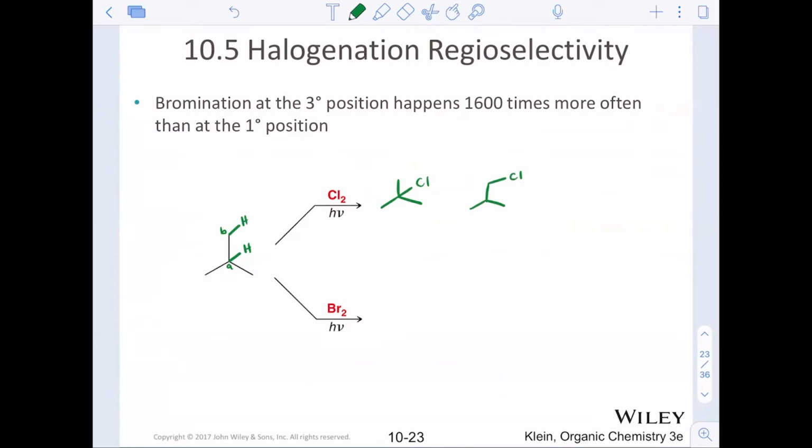This reaction actually is about a 65% to a 35%. You don't need to know those percentages, but you do need to know how to draw all constitutional isomers possible. For bromination, we will only be drawing the more substituted position.